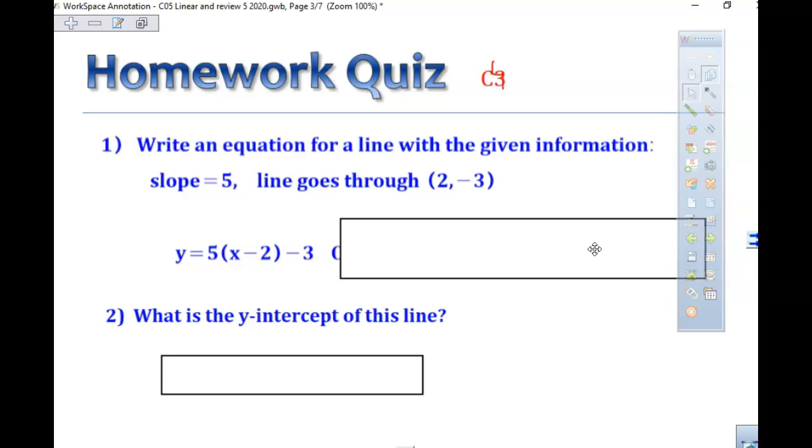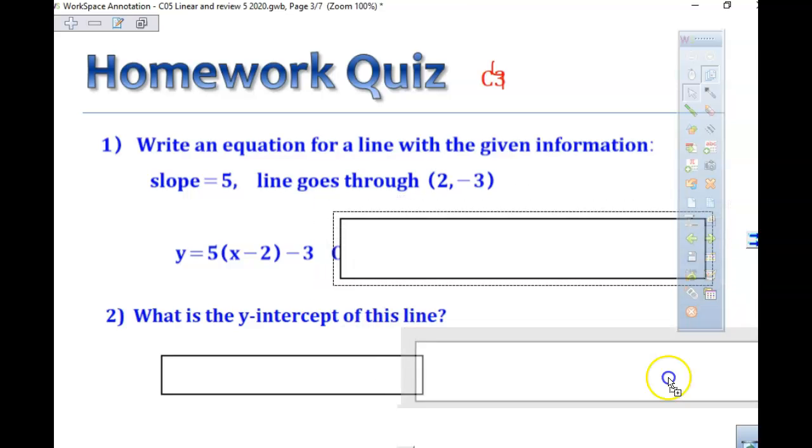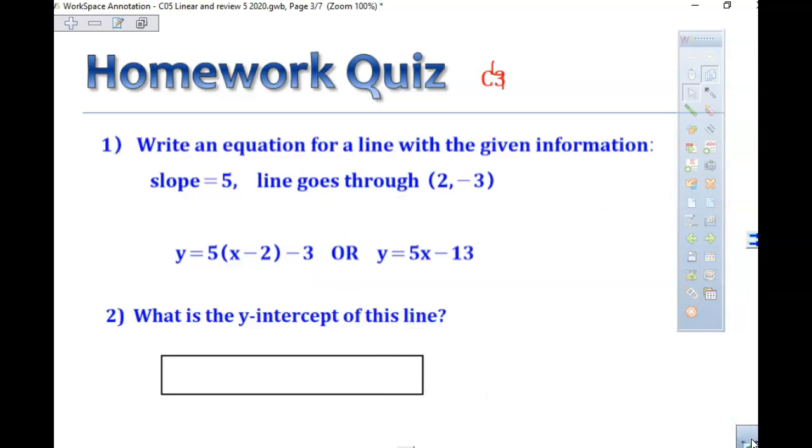So that's what the quiz was today, that C4 quiz. Which, by the way, if you haven't done it, it's probably a 0 at this point because it was supposed to be done prior. But some people like to always rewrite it in slope-intercept form. Is that okay? Sure, for sure. You just multiplied that out and simplified it. But you need this negative 13 in order to answer this question, because it says, what's the y-intercept?